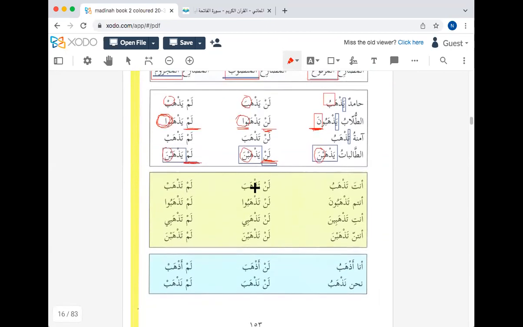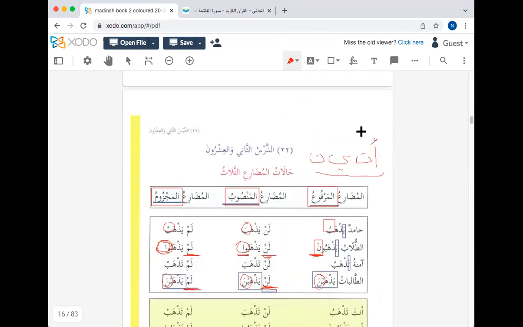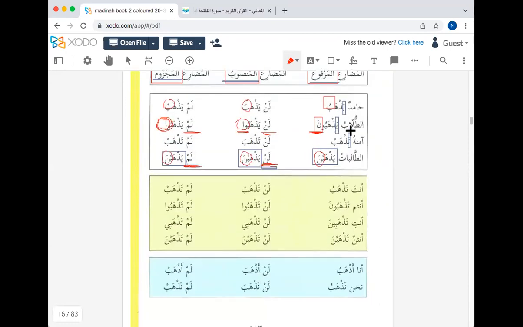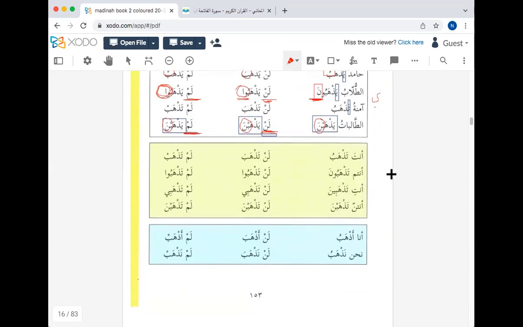And here are the four letters that we were talking about earlier, Madeenah, alif, ta, ya, and noon. Here is the ya, the beginning of those af'al, and here you find the alif at the beginning of those af'al. Also the ta is being used over here. You can see tadhhabu, and over here is the noon.